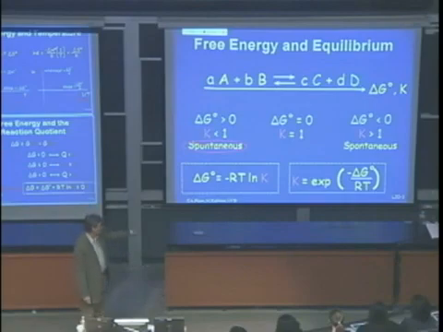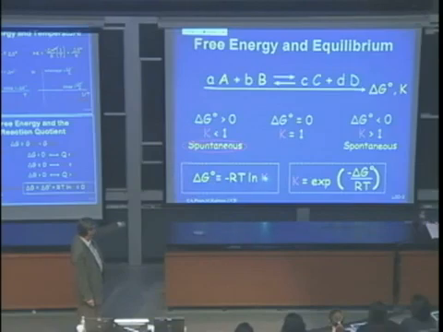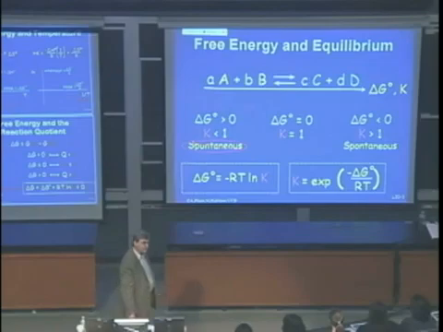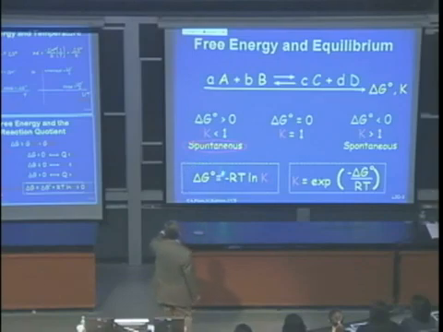Okay? You can now calculate an equilibrium constant if you know what delta G naught is. Or vice versa, you do an experiment and you determine the equilibrium constant, and with this you can calculate the delta G naught, the change of free energy at standard state for that reaction. Good. So we've done that.